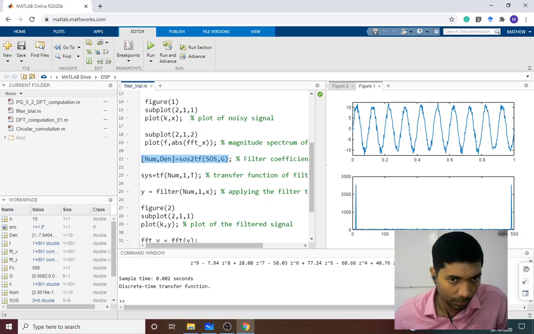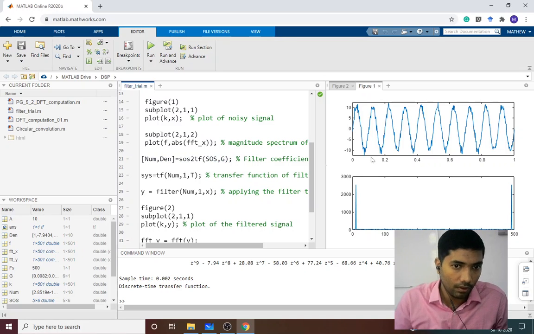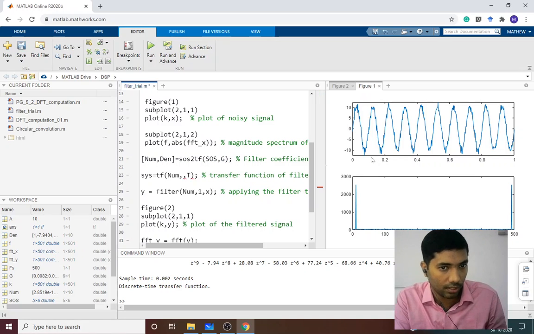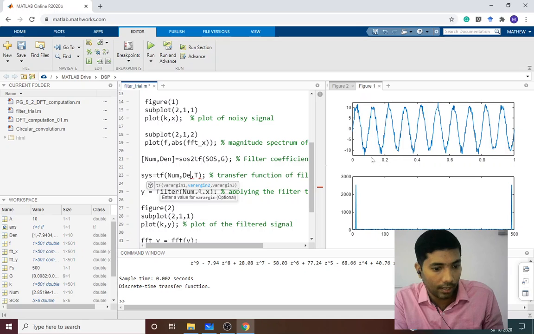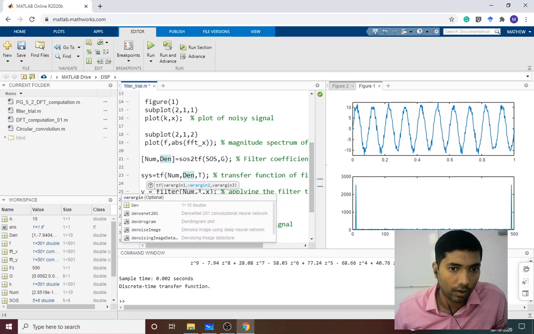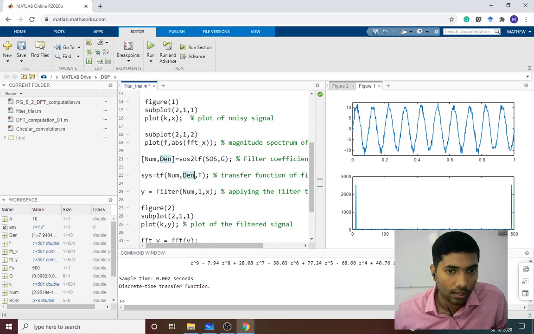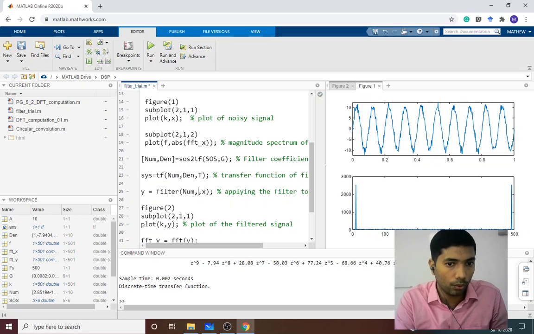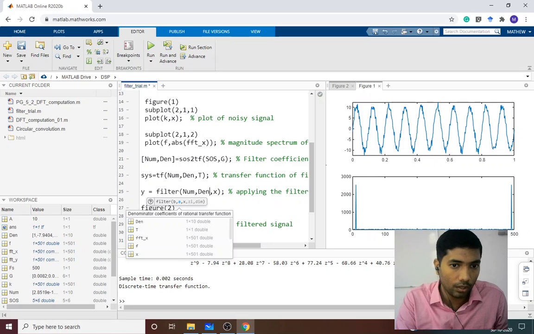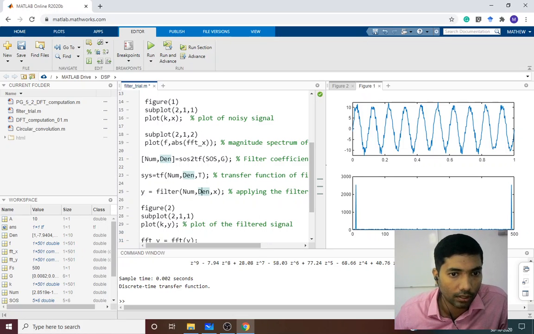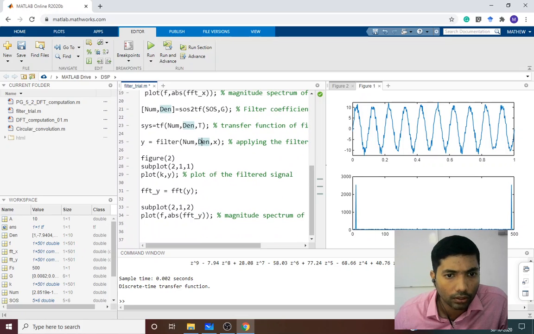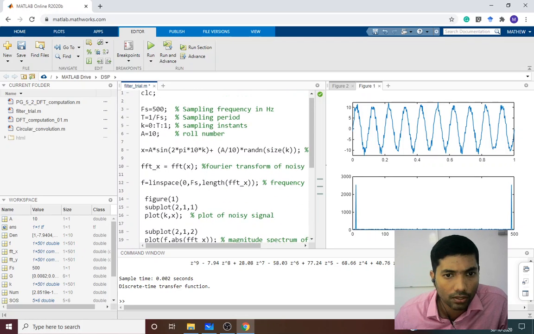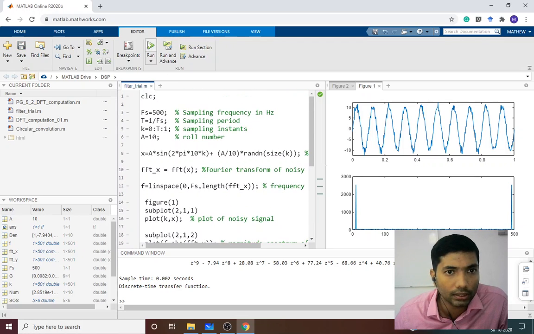Once we have the numerator and denominator coefficients, we'll get the transfer function by using TF, and instead of 1 we now have the denominator, and in order to do the filtering we'll use this denominator. Okay, rest of the things are the same, there is nothing different. Now let me try to run this.